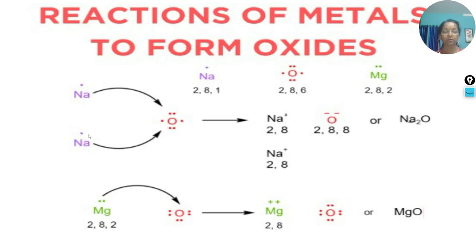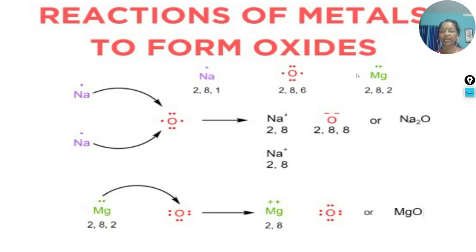So 2 sodium give out one electron each to one oxygen atom, forming a compound called sodium oxide, Na2O. Okay, there Na plus and O2 minus: 2 Na plus and 1 O2 minus will be formed, and the compound is Na2O, sodium oxide.